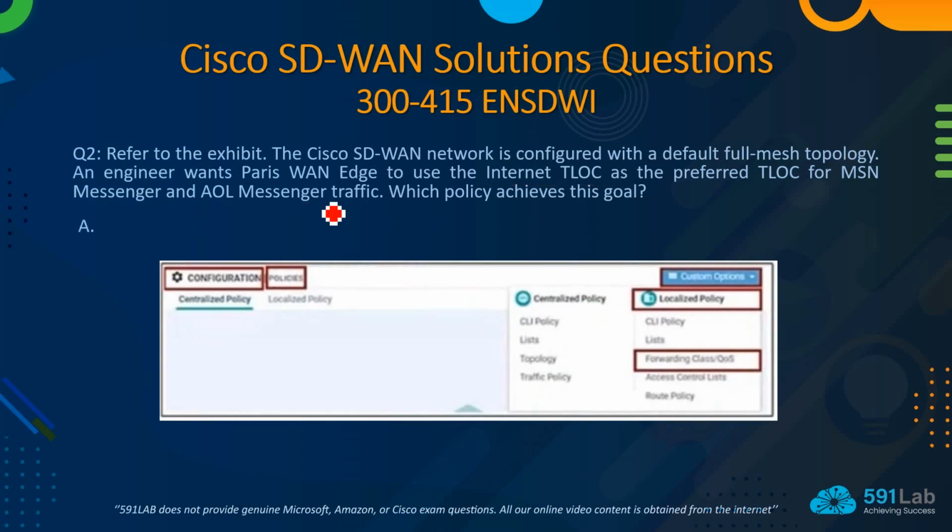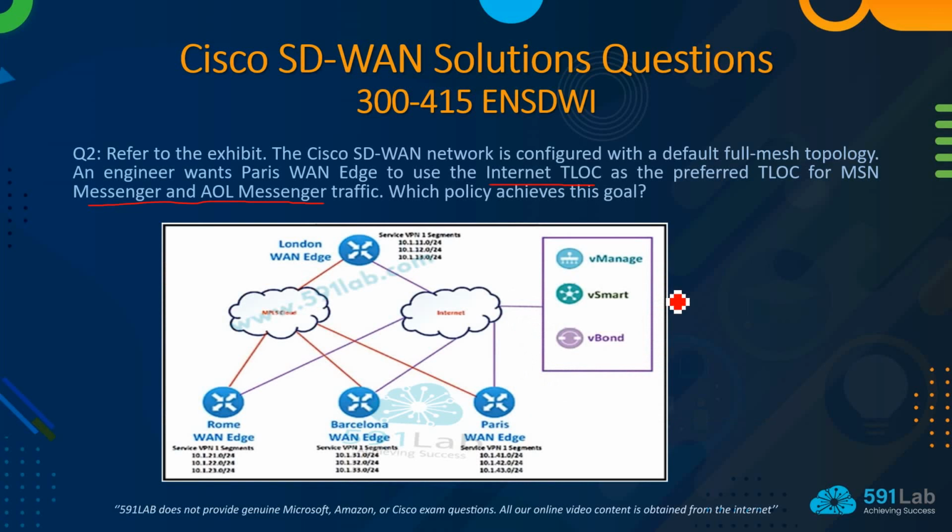Okay, we have here a local policy and quality of service. The local policy is not the correct answer because we are using it for all WAN edges to use this internet.